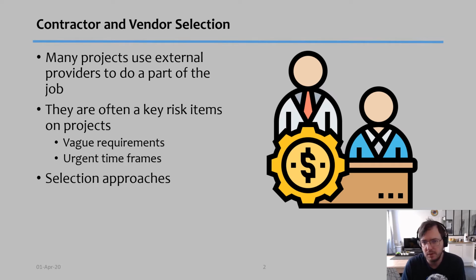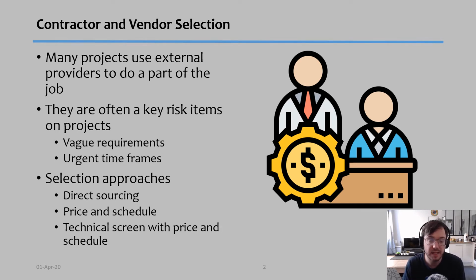But there are many different types of selection approaches you could take. For example, direct sourcing, where you specifically know the person or the company you want to outsource the task to. You could talk about price and schedule, where you manage the vendor based on how much they work on the project, and you pay them by the hour.